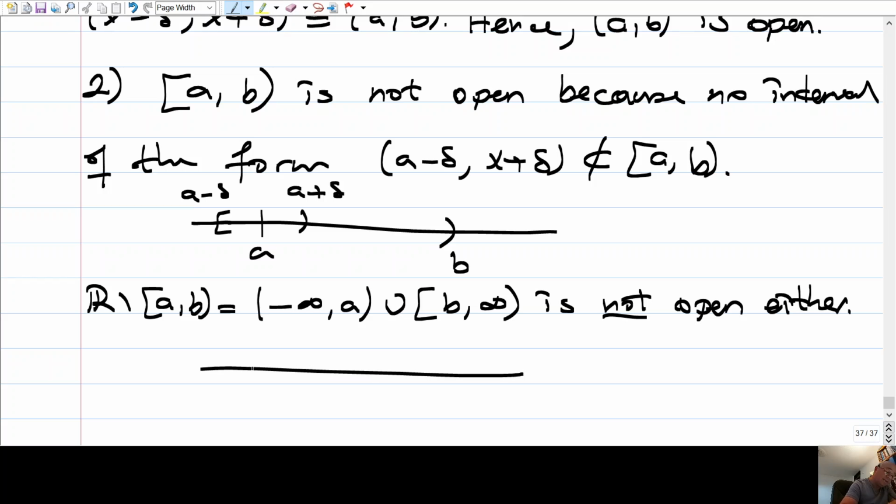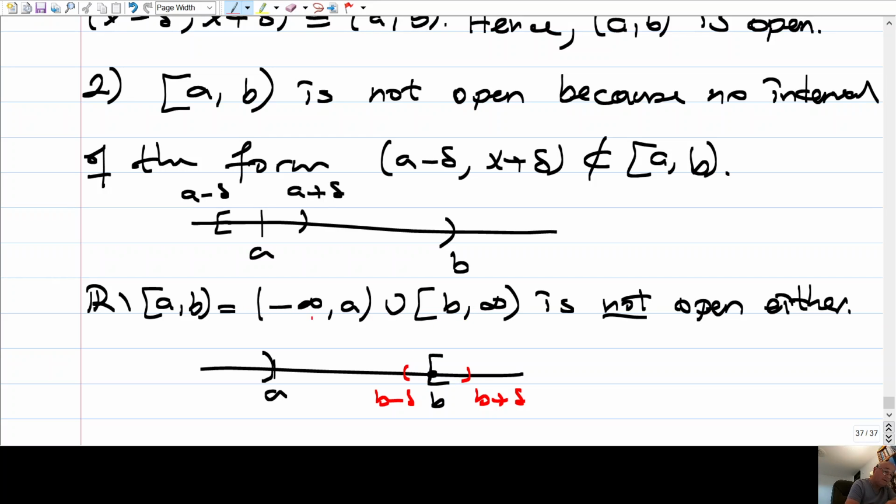Your set is this. Here is A, here is B. This side is open, this side is closed. You take this point B, and any interval about this, B minus delta, B plus delta, won't be contained inside this set.